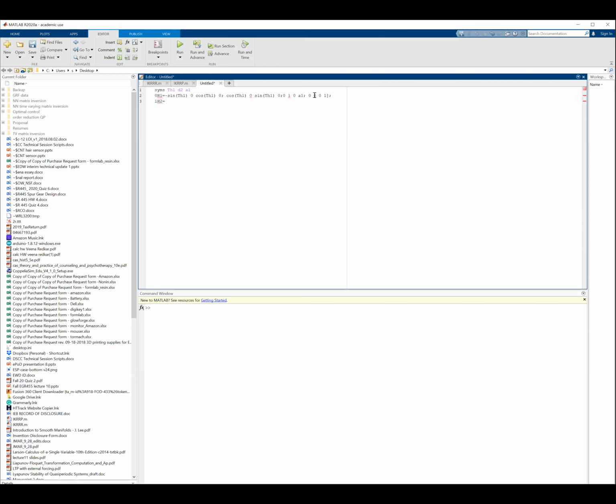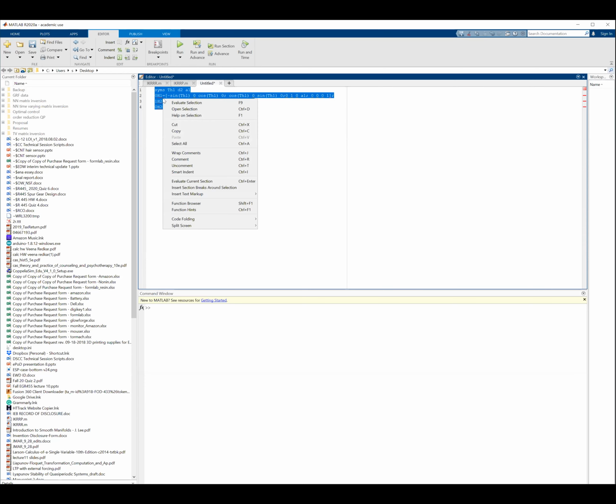Now I need 1h2. 1h2 is 1 0 0 0; 0 1 0 0; 0 0 1 d2; 0 0 0 1. And 0h2 is equal to 0h1 times 1h2.